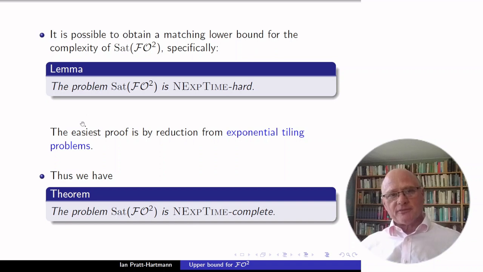I won't go through the proof of the lower bound. That can be done perhaps in another lecture. I'll just mention that the easiest proof is by reduction from the exponential size tiling problem. For those who know it, it's a relatively straightforward, rather technical exercise, and I won't be talking about that today.